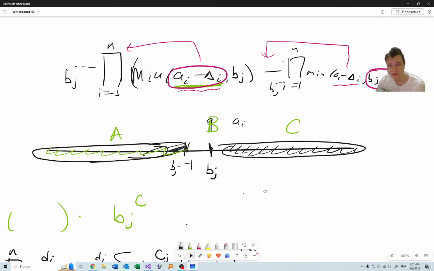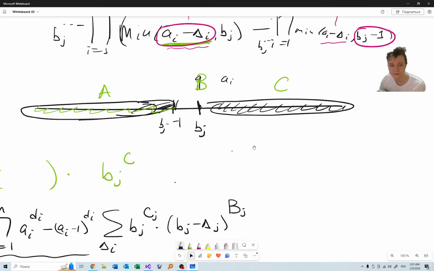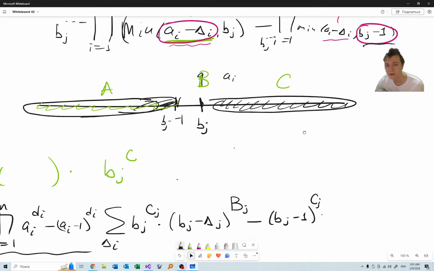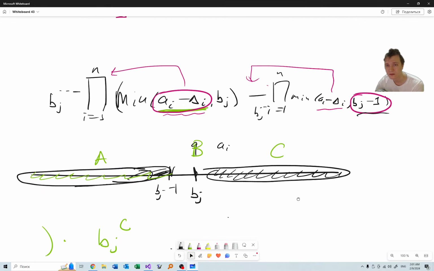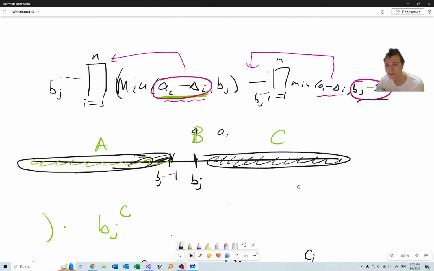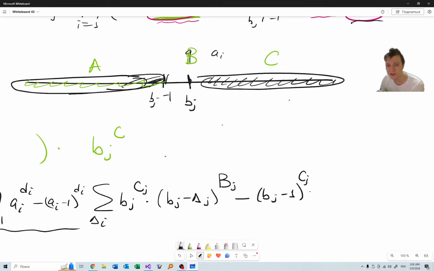Then we subtract bj minus 1 to the power cj times bj minus 1 to the power bj. So actually cj plus bj we have.